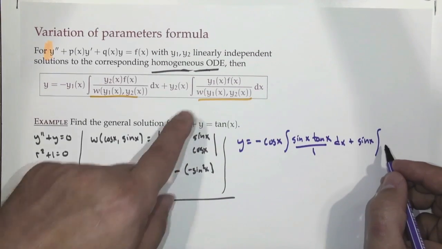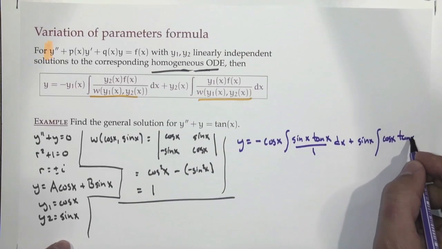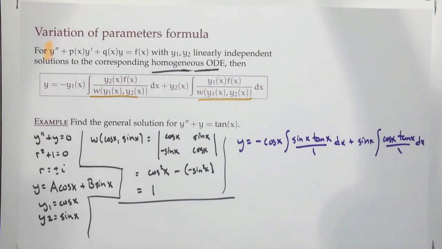And then we're going to have integral cosine of x tangent of x over 1 dx. All right, so we have two integrals. Which one do you want to do first? Second. Ooh, the second one. Someone is like, I see that one of these is easy.